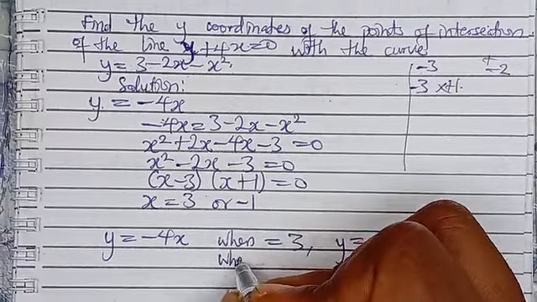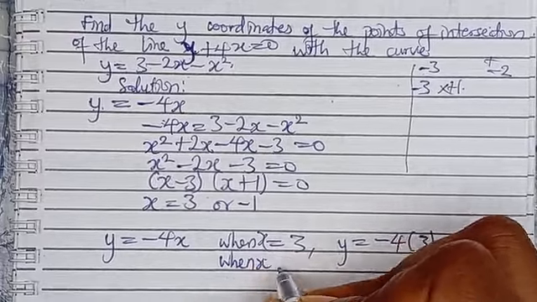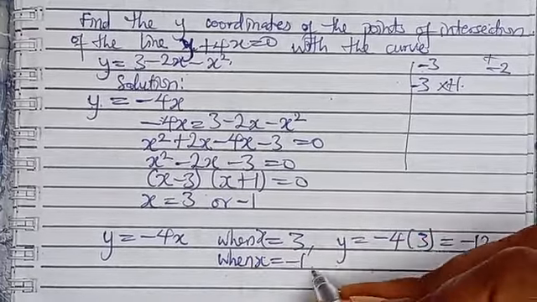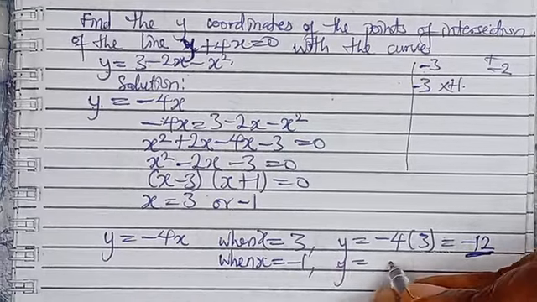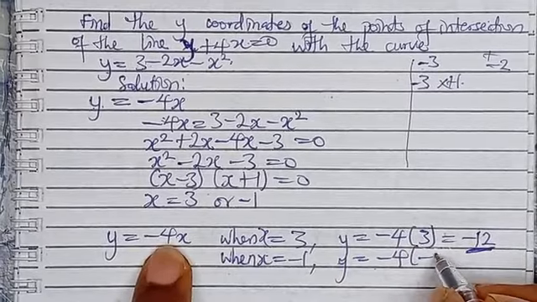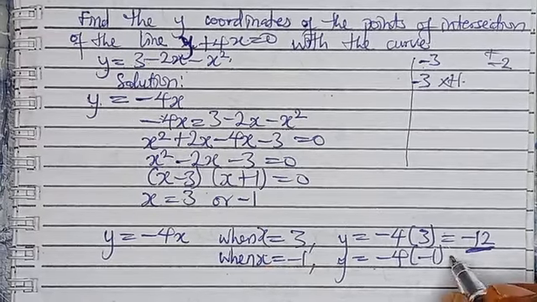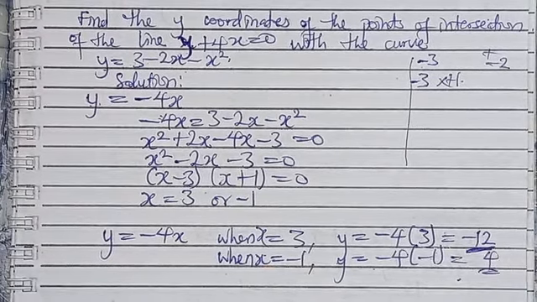Then the other time, when x is equal to minus 1, we have that y is equal to minus 4 from the equation times minus 1 from the value of x. Minus 4 times minus 1 is equal to plus 4.